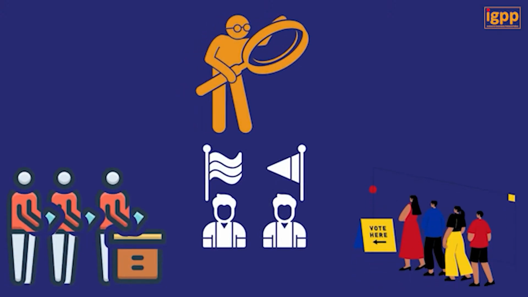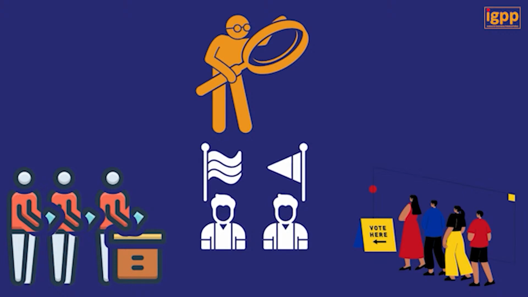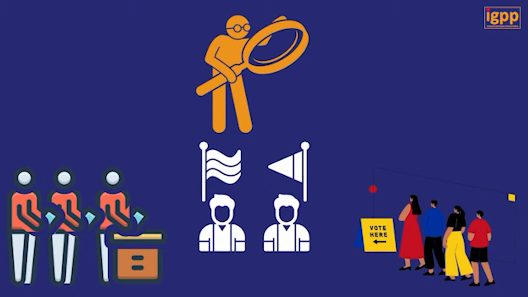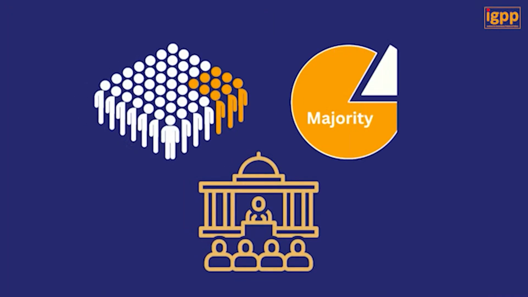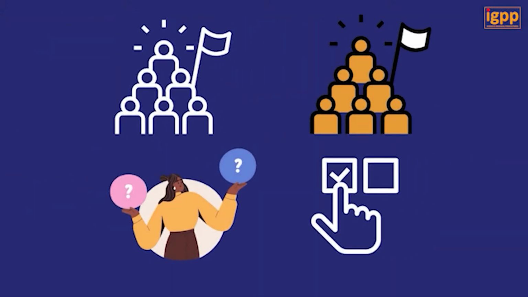In a two-party system, voters can easily identify the two main parties and their platforms, simplifying the decision-making process during elections. Moreover, the two-party system ensures majority rule, as one of the two parties typically secures a majority in the legislature, enabling more effective governance.